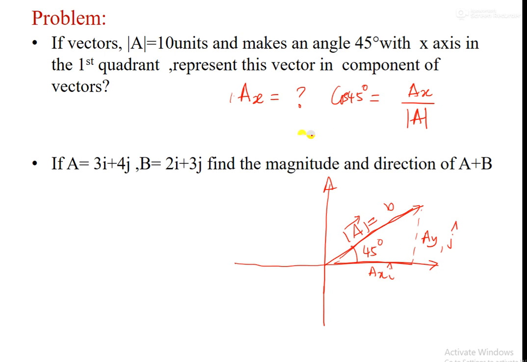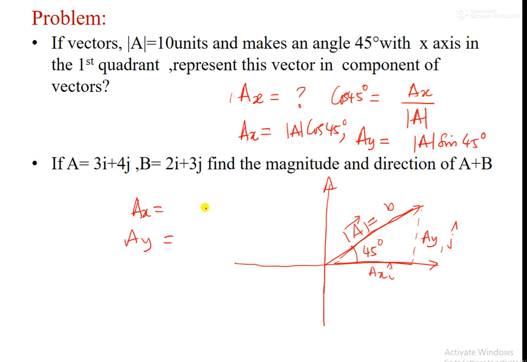So from here, Ax is equal to magnitude of A times cos 45 degrees. Similarly, Ay is magnitude of A times sin 45.